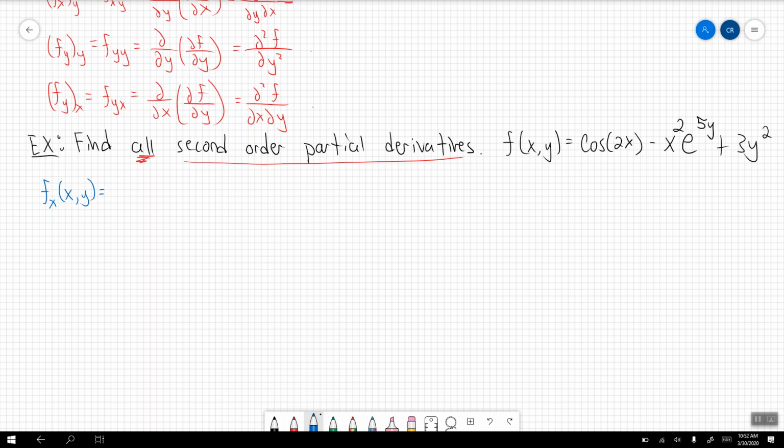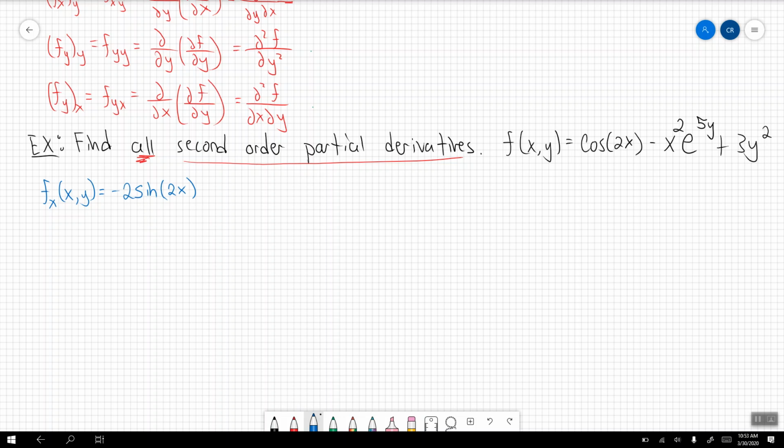So let's go through. For the first term, we got cosine of 2x. Let's take that derivative. So cosine of 2x with respect to x, that's going to cause me to differentiate cosine. That's going to be negative 2 sine of 2x once I use the chain rule. Good. Next term, minus x squared e to the 5y.